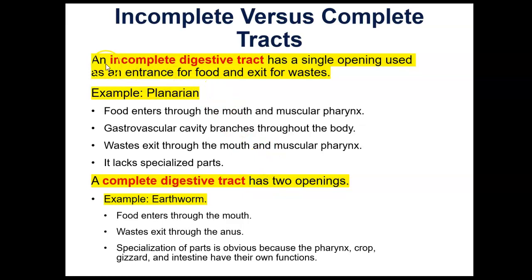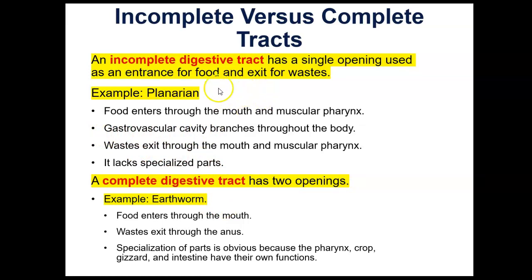There are two types of digestive tracts. The human digestive tract is called the GI tract, for gastrointestinal. If it's an incomplete digestive tract, like in flatworms, for example planarians and tapeworms, then it's going to have a single opening, and that single opening will serve as a mouth and an anus. You have a gastrovascular cavity in animals that have an incomplete digestive tract.